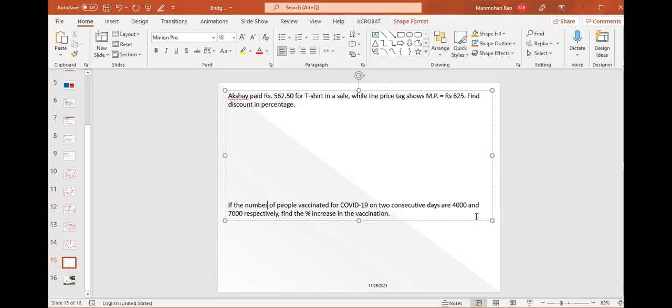You can go to the CoWIN website and see how the vaccination process is going on, because you people are also under vaccination, either below 18 years, or you might have taken the vaccine also, because the classes are started physically. 4,000 and 7,000 respectively. Find the percentage increase in the vaccination.